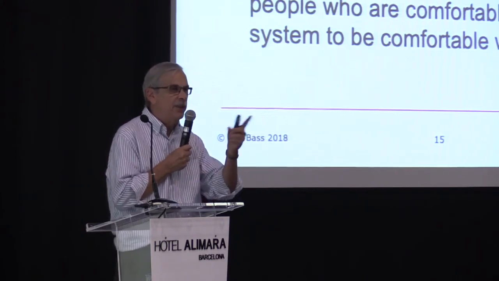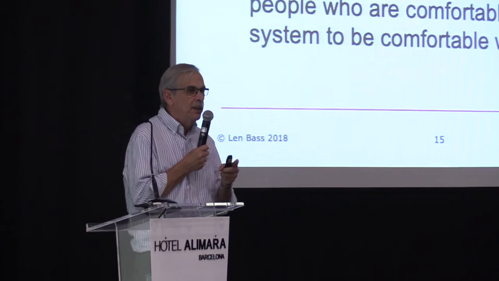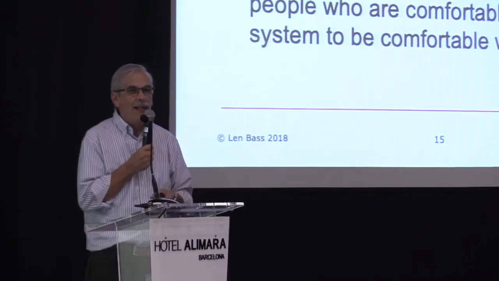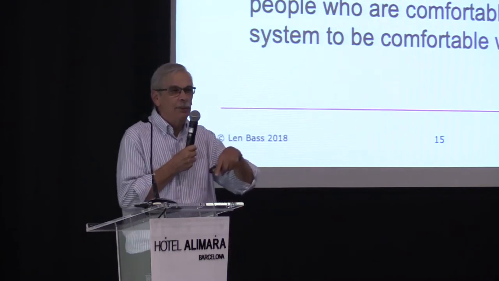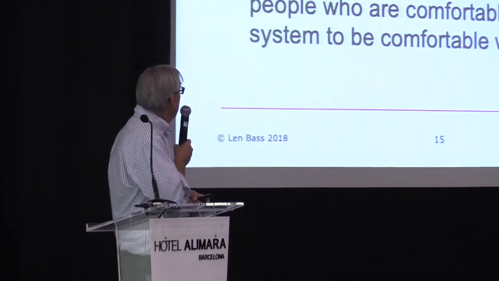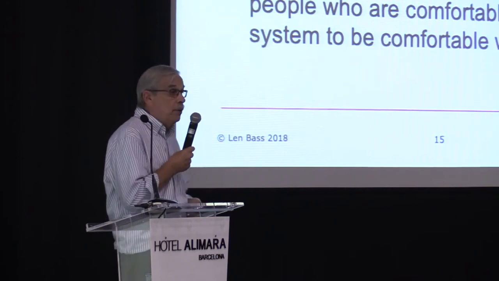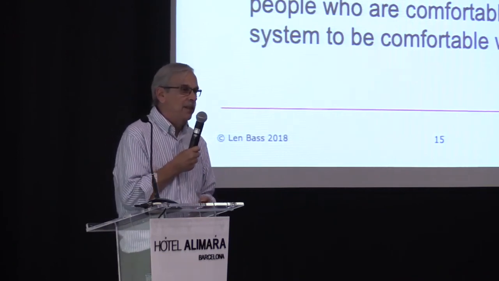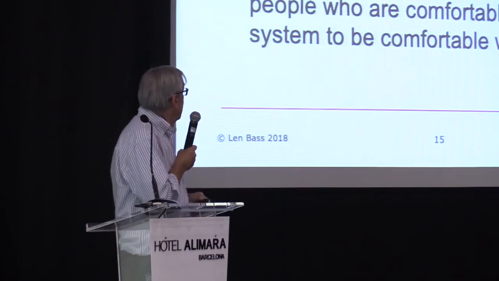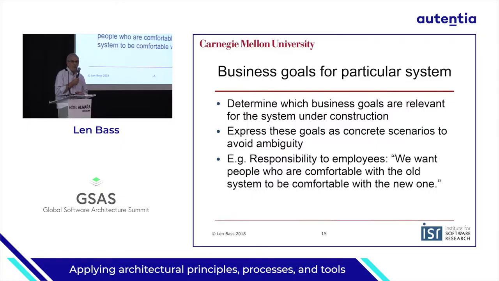If you know anything about U.S. geography, that's very strange, but they're happy in Iowa. They wanted to keep the same workforce because they couldn't get other people to move to Iowa. So we want the people that we have to be able to use the new system that we're building. Okay? So that's a business goal. That was one of their goals of the system.